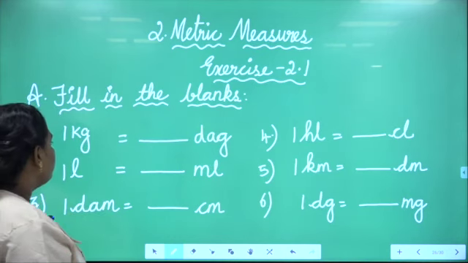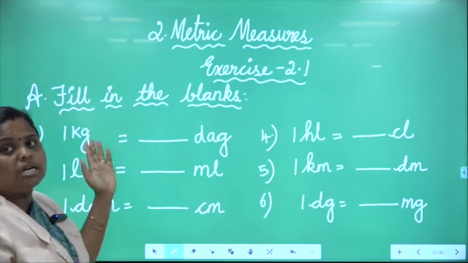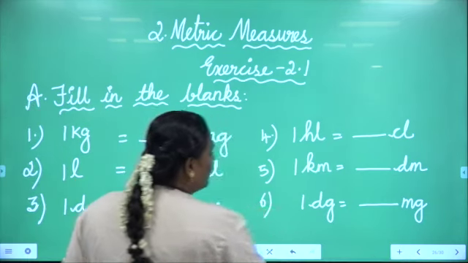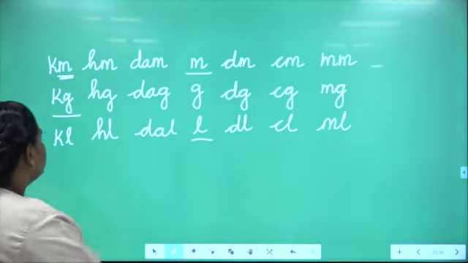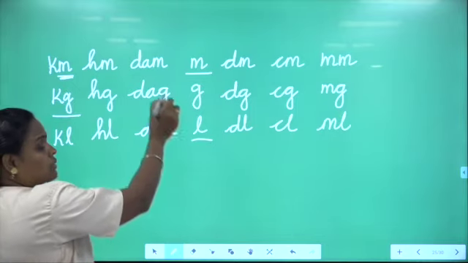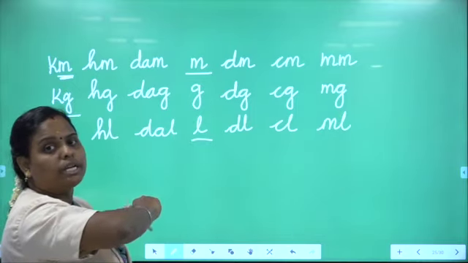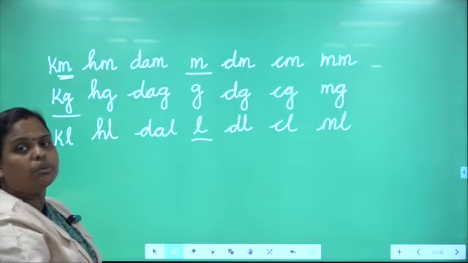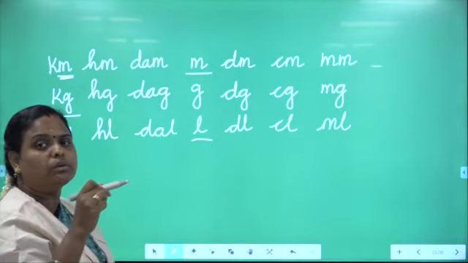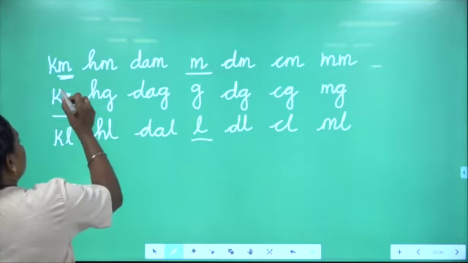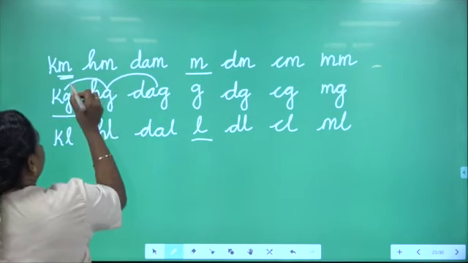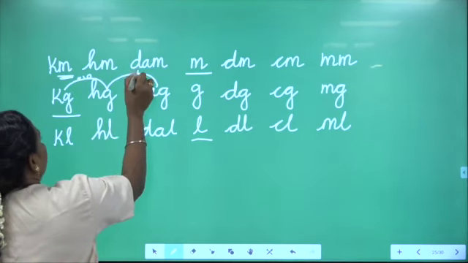1 kilogram equal to dash decagram. We are going to convert kilogram into decagram. So how will you convert, children? Listen, if you are going to convert bigger unit into smaller units, we are going to multiply. How many times? Kilogram into decagram, 10 into 10, 100.